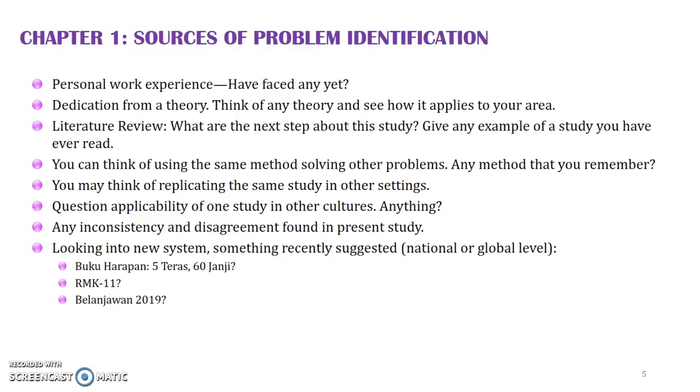Sometimes when you read a lot on certain topics, basically the literature, you start to be able to see what's lacking. There's a bunch of research on this same topic, but what's next, or what hasn't been done?